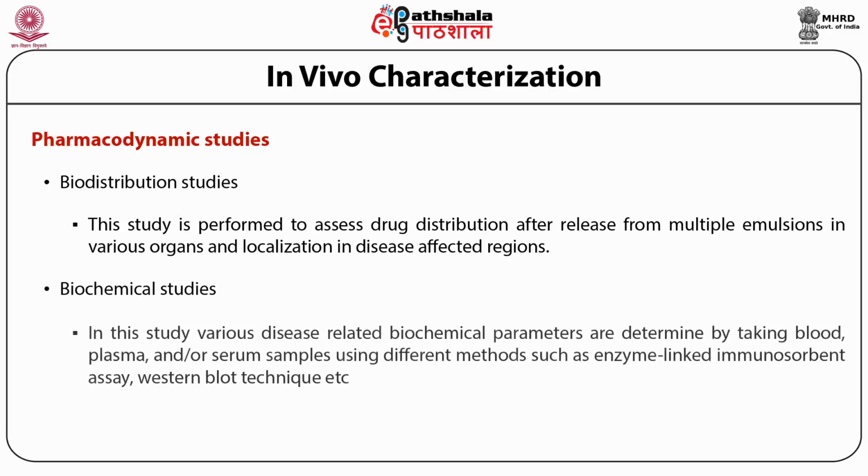Biochemical studies. In these studies, various disease-related biochemical parameters are determined by taking the blood or plasma or the serum or the urine samples using different methods such as enzyme-linked immunosorbent assay, Western blot technique, etc.